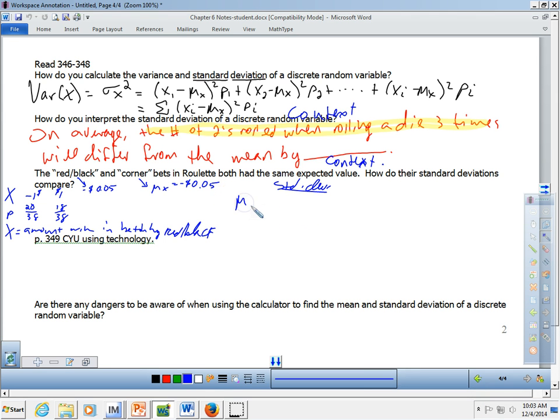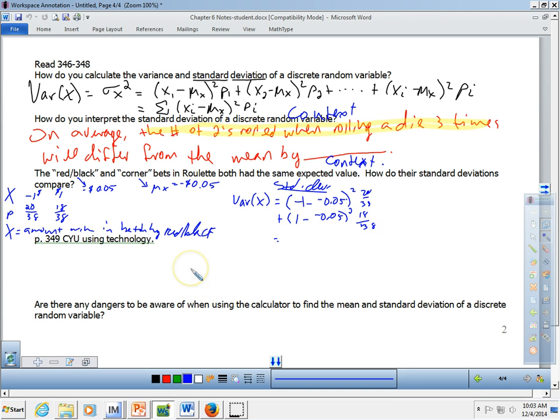The variance for that is going to be, all right, the value of your variable, which for the first value is -1 minus negative 5 cents, square that, and then multiply it by its probability, which is 20 over 38. Then we add to that the other value of X, which is winning $1, minus the negative 0.5 cent mean, square that, and multiply by its probability, which is 18 over 38.